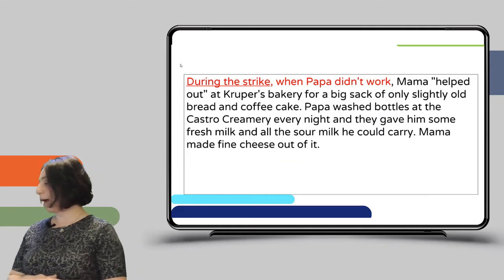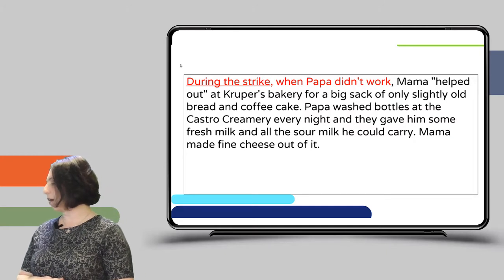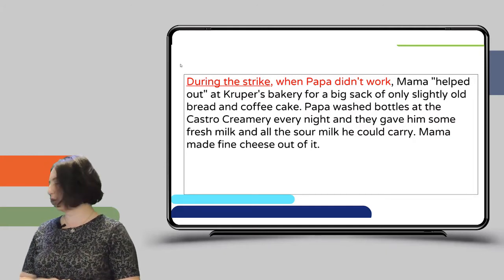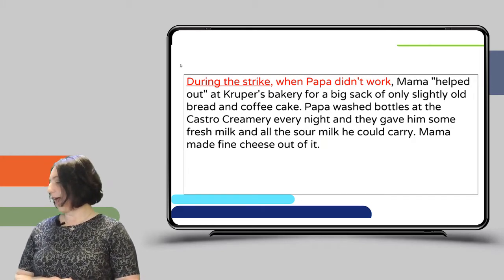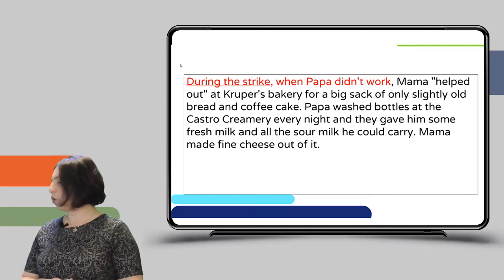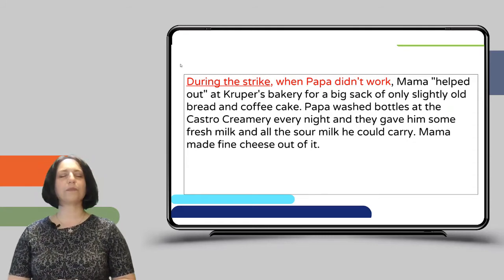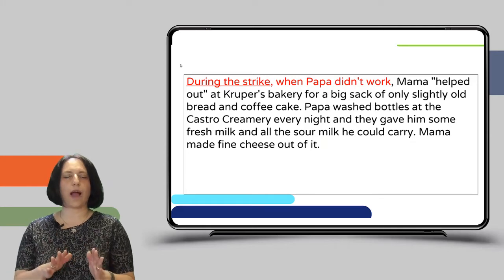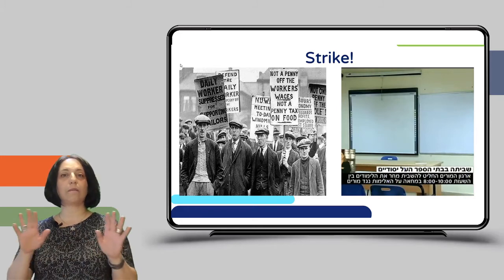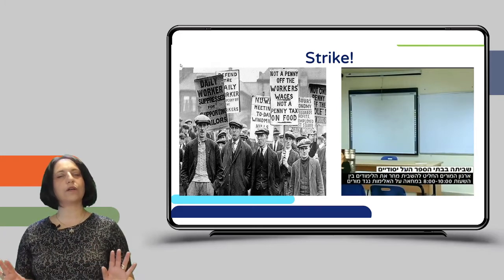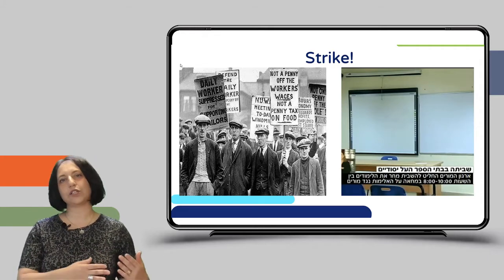"During the strike, when Papa didn't work, Mama helped out at Krupa's bakery for a big sack of only slightly old bread and coffee cake. Papa washed bottles at the Castro Creamery every night, and they gave him some fresh milk and all the sour milk he could carry. Mama made fine cheese out of it." So here we see that there was a strike. Do you know what a strike is? Right. A strike is when people don't work, because they want to say that they're not happy with the work or with the conditions of their work.